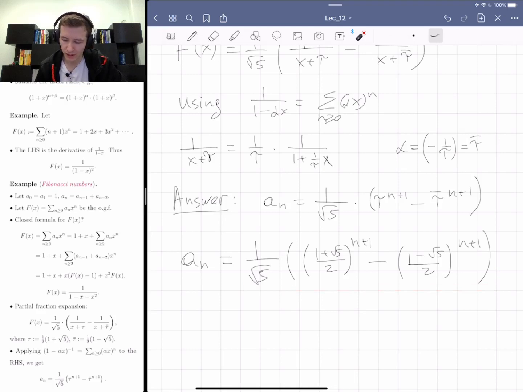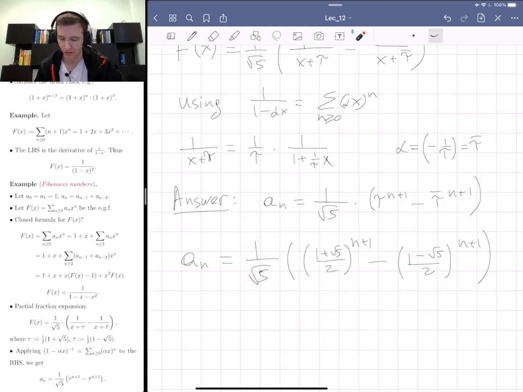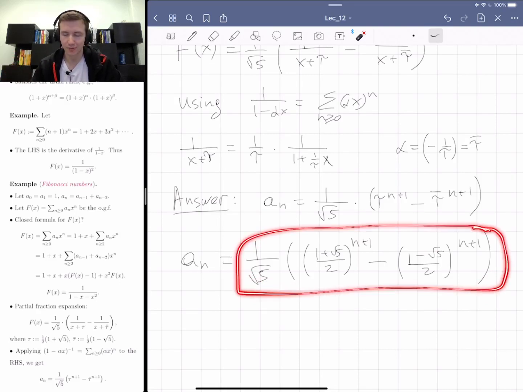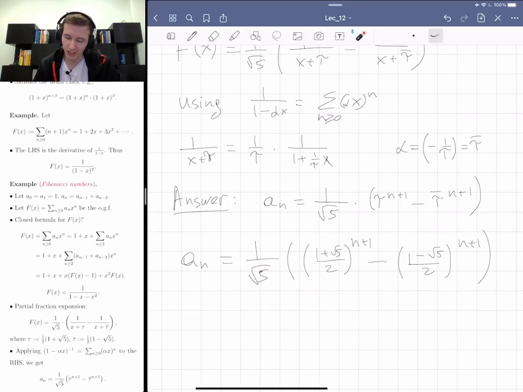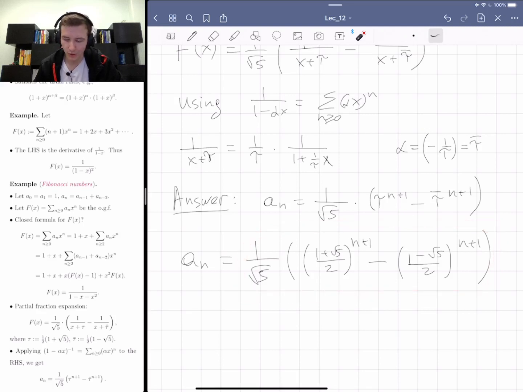So if you have a calculator, you can compute, and you indeed get an integer for each n, even though you have to do computations with irrational numbers. By the way, if you were a computer scientist, like some of you probably are, you would argue that to compute the right-hand side, I would have to compute many digits of square root of 5.